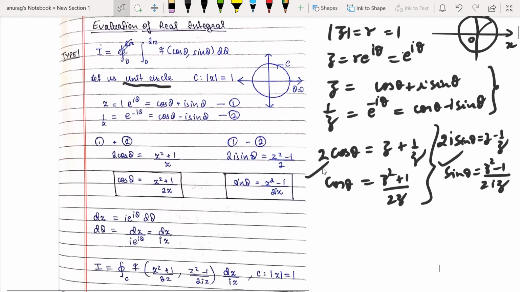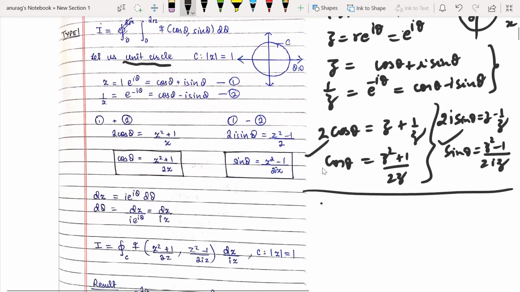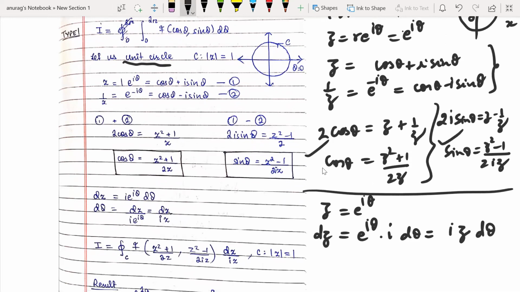Let's see one important point. If you put z equal to e to the power i theta, then what will be dz? dz will be e to the power i theta into i d theta, or you can write i into z d theta. So d theta equals dz over iz.